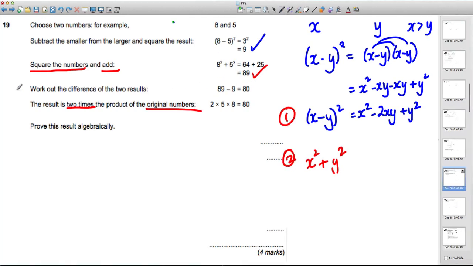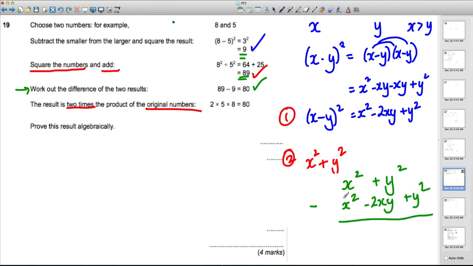And then it says work out the difference of the 2 results here. We're going to take the 2 results away from each other. So we're going to take the red one and we're going to subtract the blue one, using this algorithm here. So we're going to take the red one, we're going to have x squared plus y squared, and we're going to subtract x squared, subtract 2xy plus y squared. X squared take away x squared is nothing.